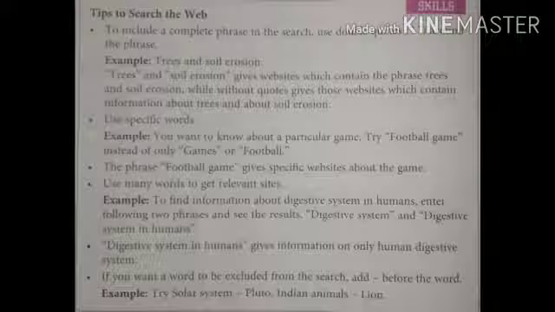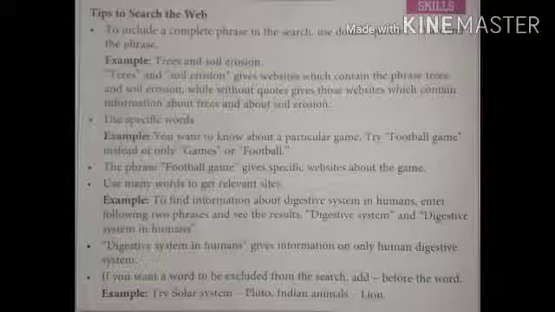If you write digestive system, the digestive system is available in animals as well as in humans, so you will get confused about what kind of information you need. Instead of writing only digestive system, you should write the full sentence, digestive system in humans. Then it will provide you the information regarding the digestive system in humans.